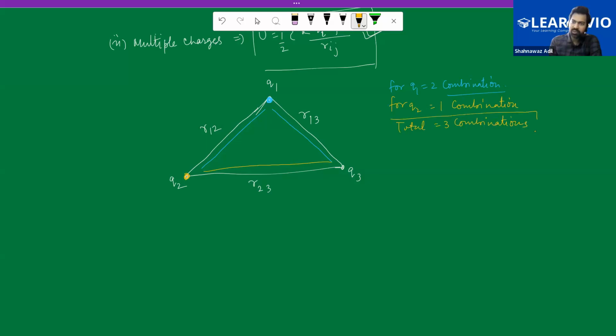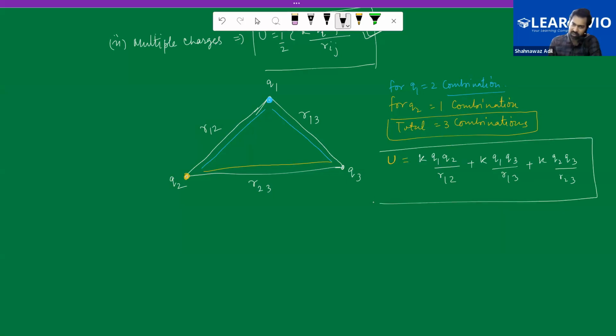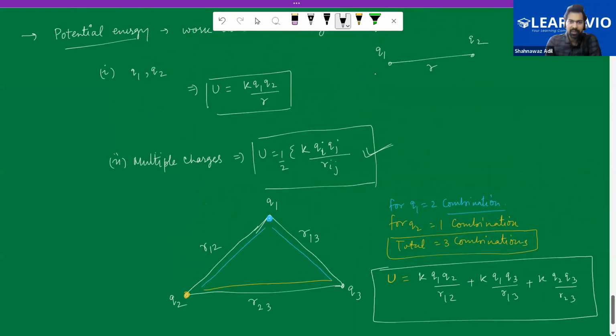So potential energy would be simply K Q1 Q2 divided by R12, plus K Q1 Q3 divided by R13, and then the last one is K Q2 Q3 divided by R23. So this would be the potential energy, right? Is it clear, guys? Is it clear?